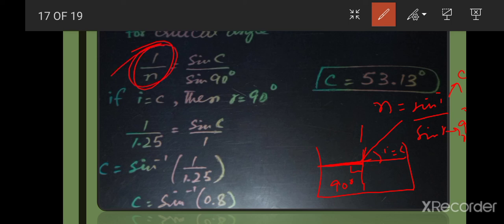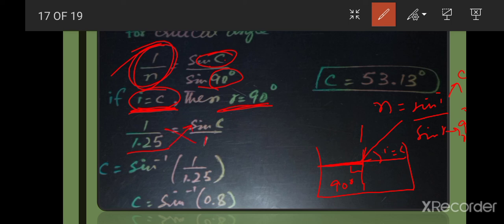1 by n will be equal to sin c by sin 90, where in place of sin i I have written sin c. Why? Because for the angle of incidence to be the critical angle, the angle of refraction will be 90 degrees. That's why I have written 90 degrees here in place of sin r. Now putting the values, 1 by 1.25 equals sin c by sin 90, because you have to find c, and sin 90 is 1.